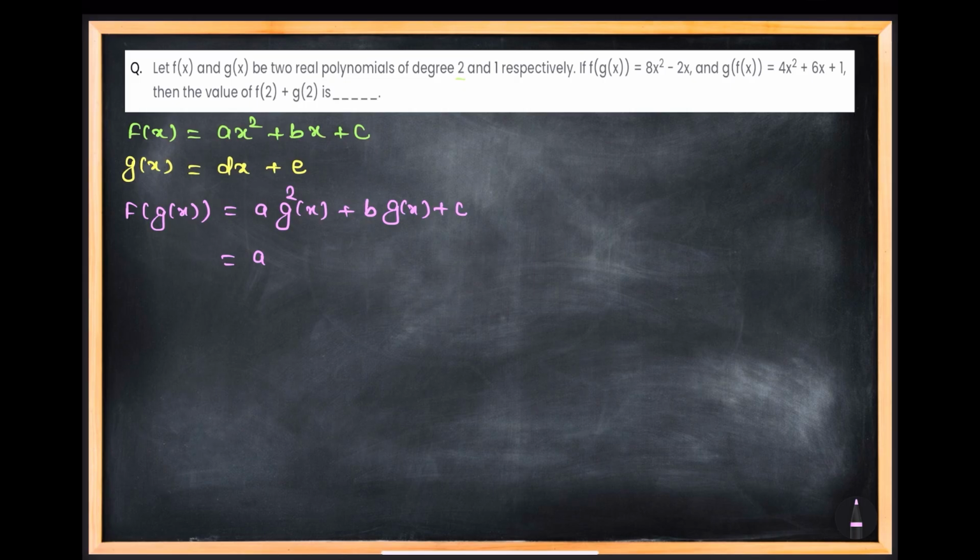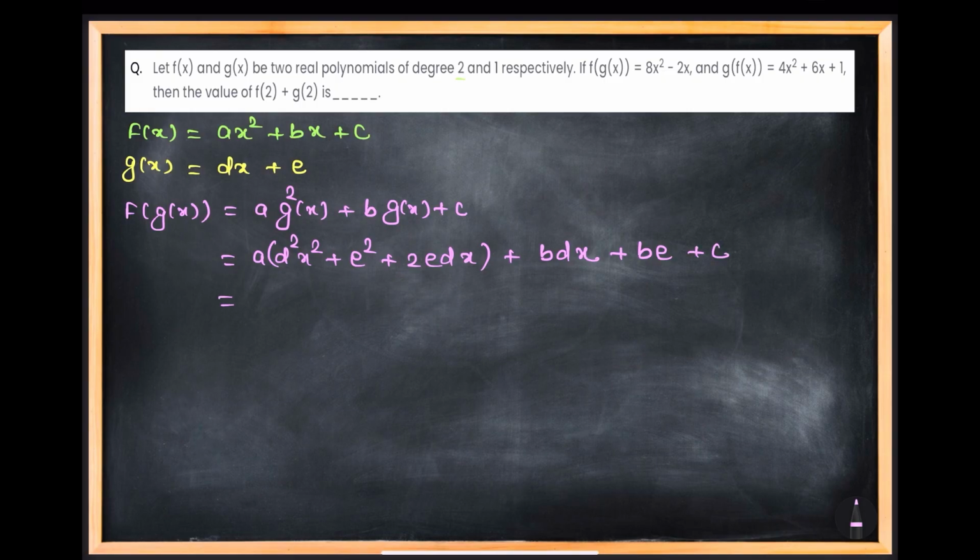Now dx plus e whole square. So we will be having dx plus e whole square: a square plus b square plus 2ab. Okay, so this is your g of x whole square. Now plus, so it is b dx plus be and plus this constant c.